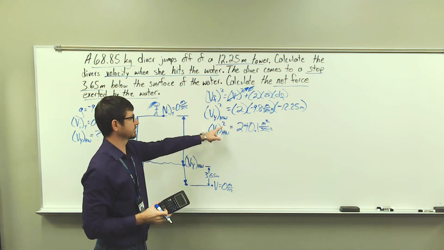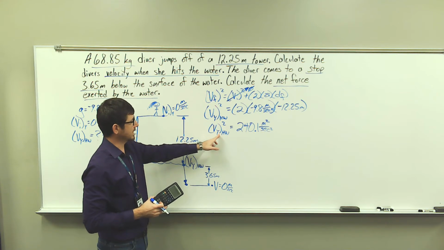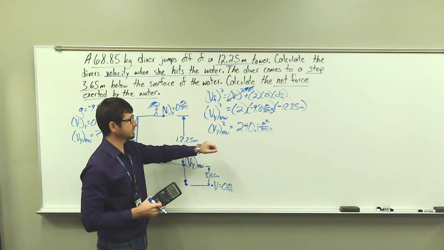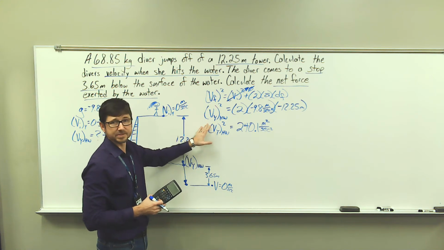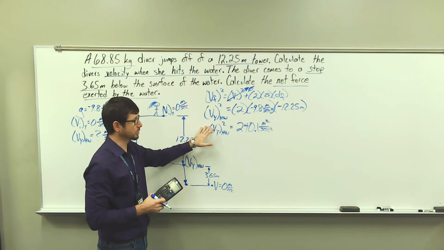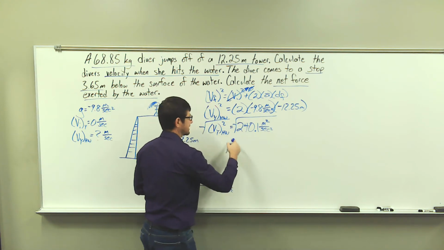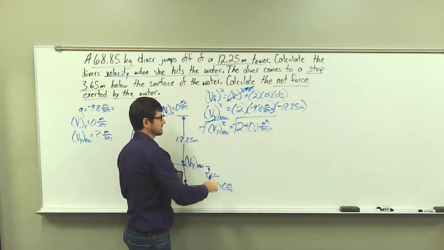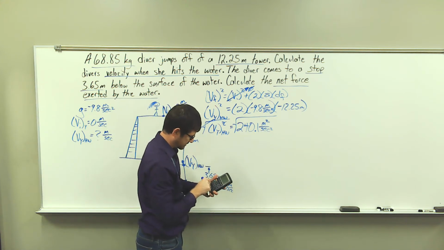Now we're not done here because we have a squared value on velocity in the y direction when the diver hits the water. So we're going to take the square root of both sides of the equal sign to eliminate our square here. Okay, so let's take the square root of this value.